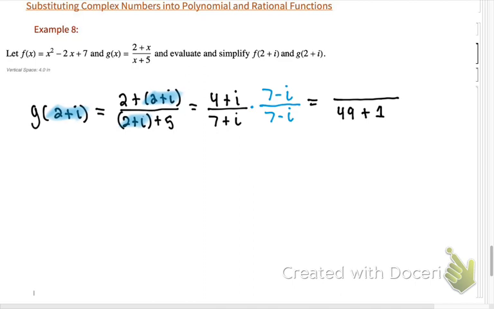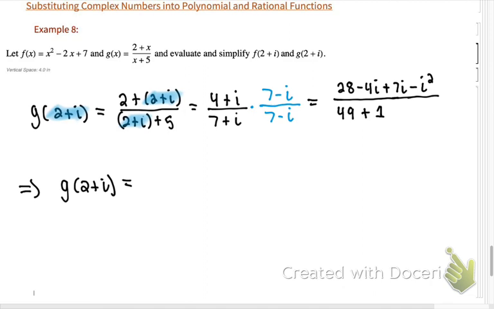Now, foiling out the numerator, 4 times 7 is 28. 4 times minus i is minus 4i. i times 7 is a plus 7i. And i times negative i would give us a minus i squared. Okay, remember i squared is negative 1.